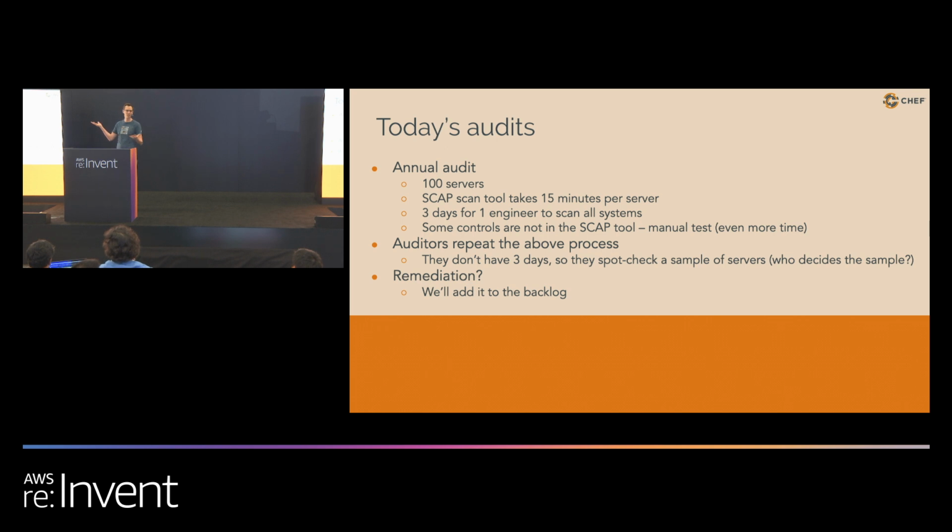And then remediation, again, the path to remediation is usually a spreadsheet, and then that maybe ends up in a backlog, and then you end up with that exception flow that I just talked about. So even though we're spending lots of time and money on compliance validation, what we need to be doing is having a better process around how we define that code and how we actually implement things like exceptions.